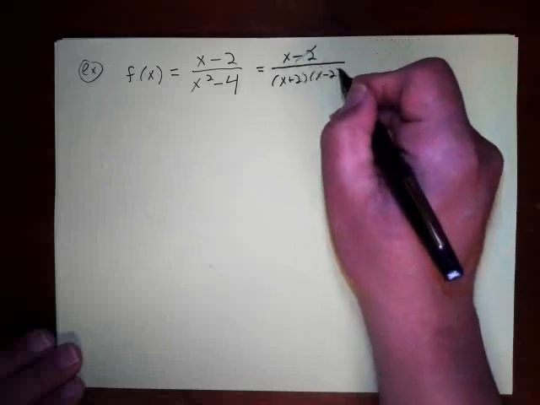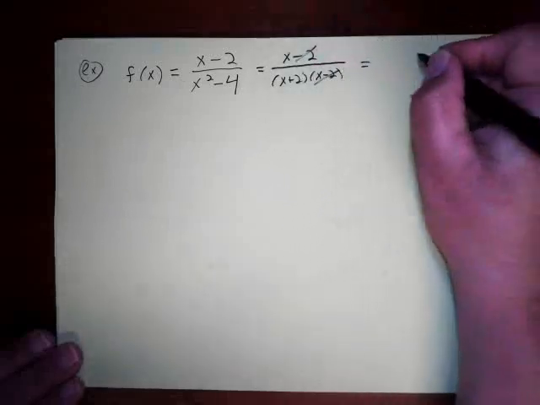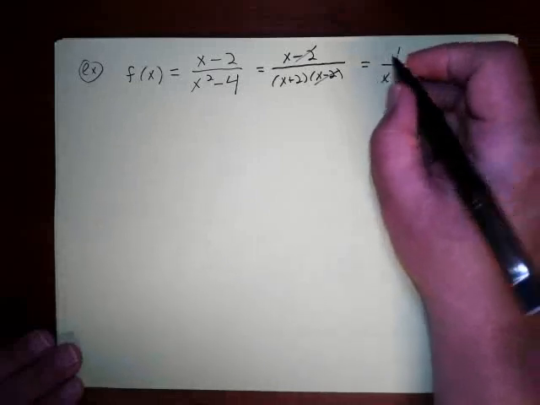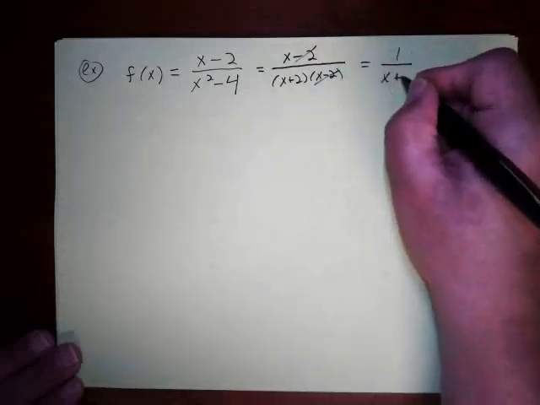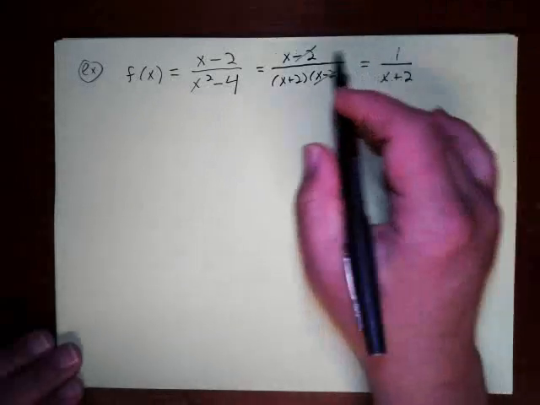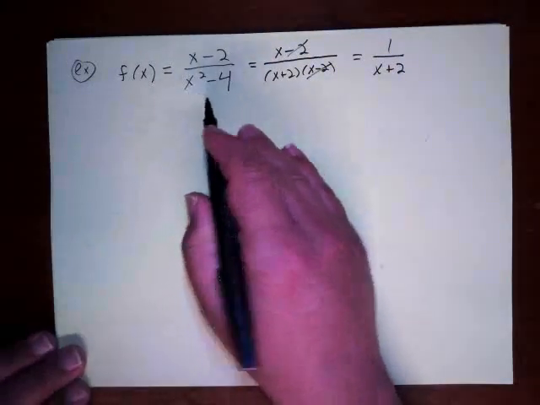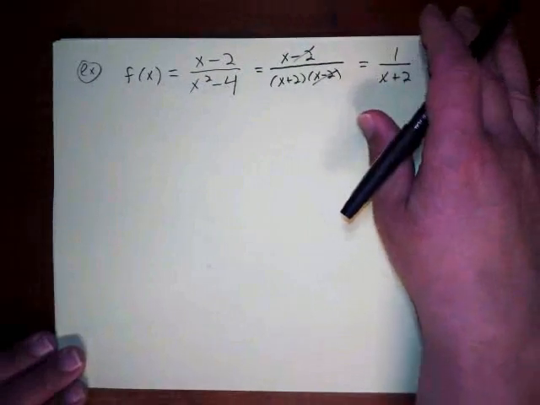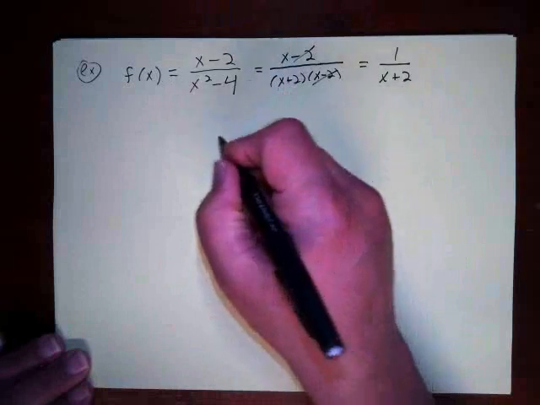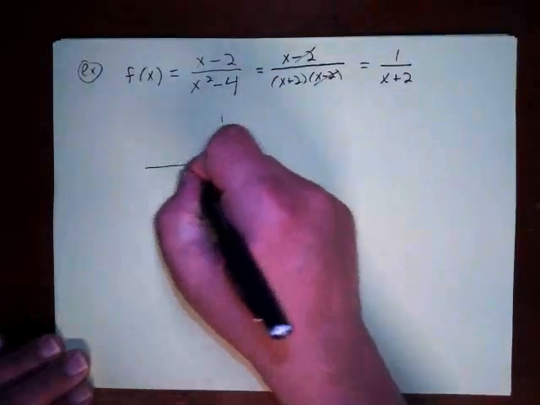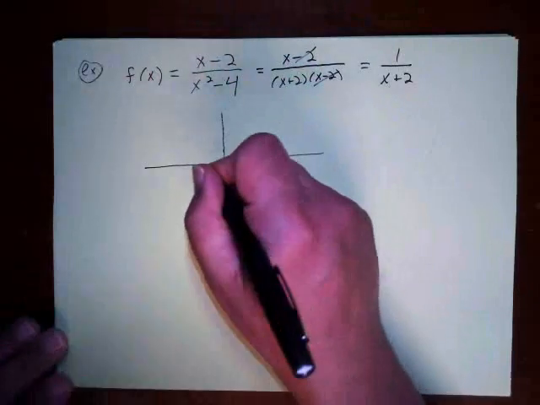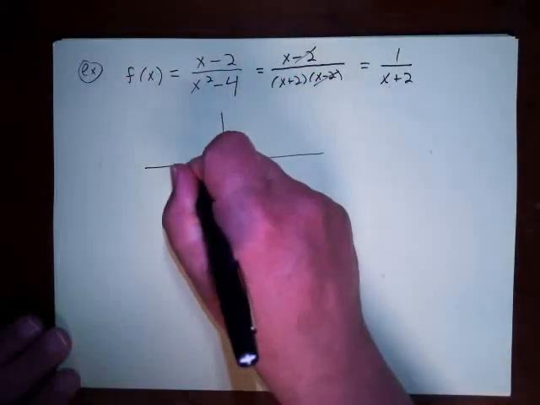If you can cancel it out, you don't have a vertical asymptote anymore at 2, but this will still have a vertical asymptote at -2. So the behavior of this is just like this. I can actually graph this. This is like 1 over x shifted over to the negative side two places.